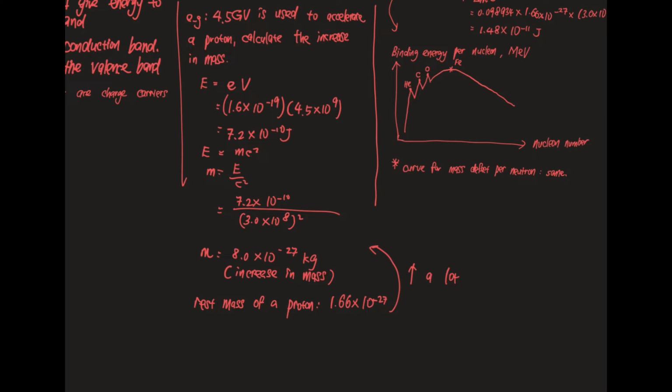Imagine a proton had this value, 1.66 times 10 to the power negative 27 kg. Now it increases like 5 times the original value. That is a lot, so try to imagine that. It increases 5 times.